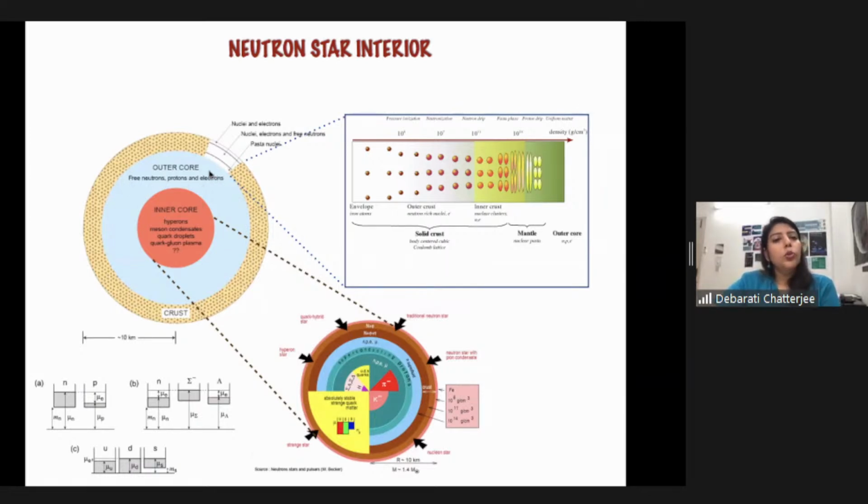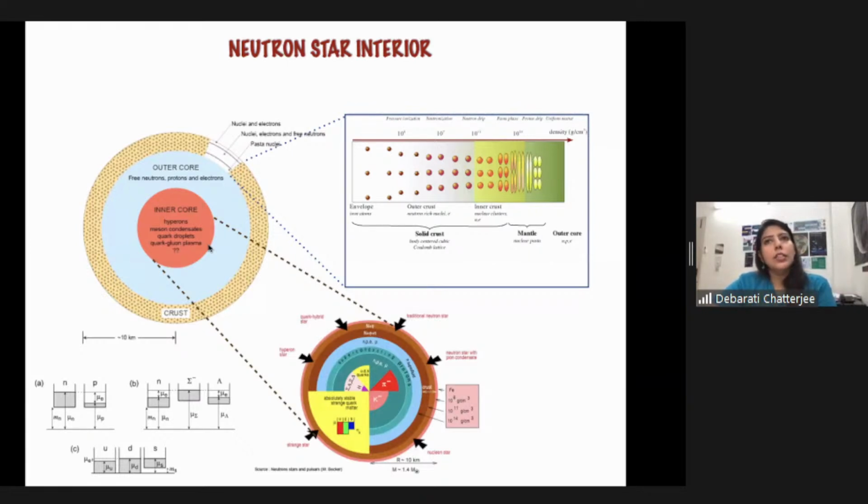But if you go even further, this is still around, say, 2 times saturation density. If you go even further into the interior, beyond 3 times saturation density, you can imagine having all these strangeness containing structures that you saw momentarily in heavy ion collisions, but these are now stable components of the neutron star interior.